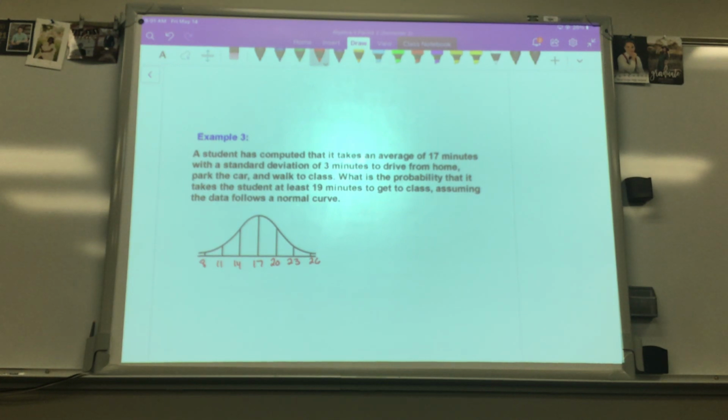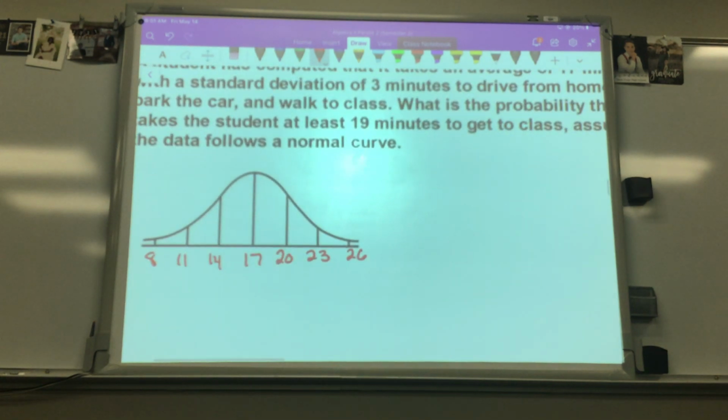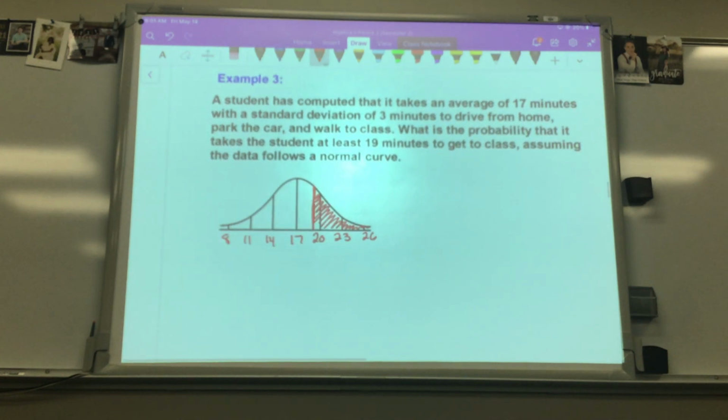At least 19. Here's where 19 would fall, right? About there? And when I say at least, to the right of it. So we're going to use that same idea we just did with that last one, right? Calculate the z-score, because it doesn't fall right on 1, 2, or 3 standard deviations.